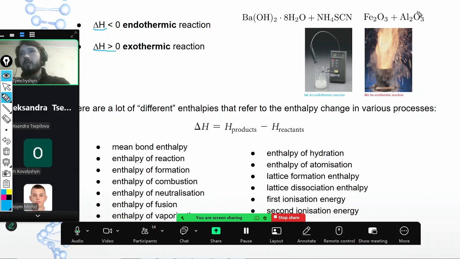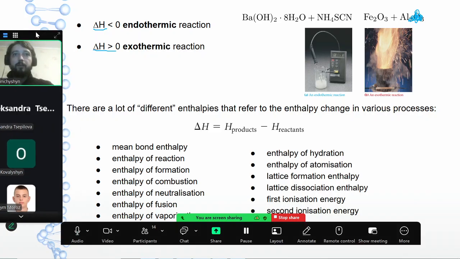Well, I guess here is some sort of error. I guess it's just with aluminum, because this is the classic thermite reaction. So aluminum is being oxidized while iron gives its oxygen to the aluminum, and we get a lot of heat in the process of the reaction.